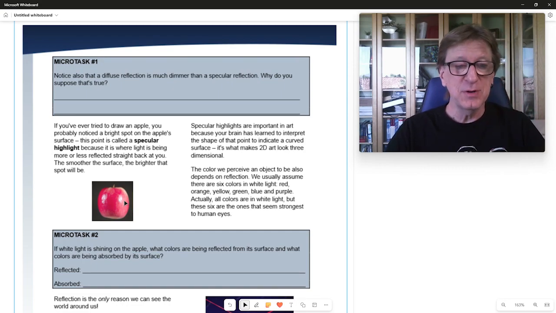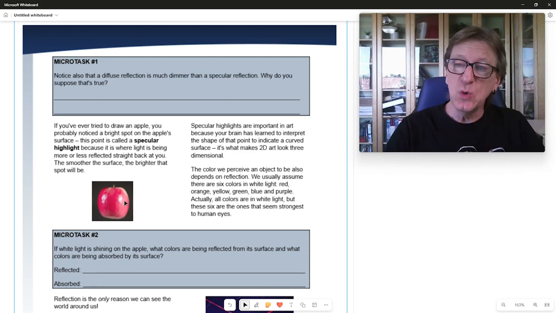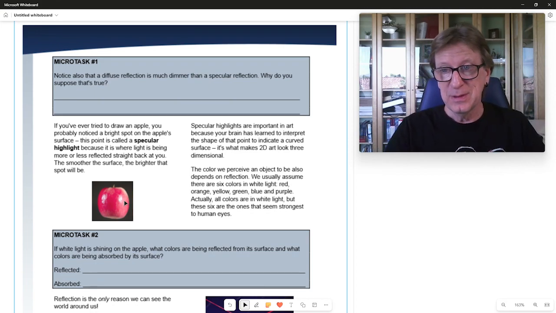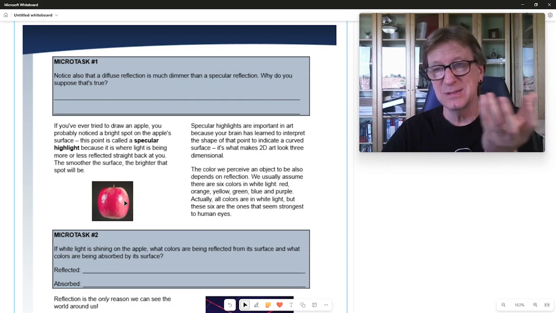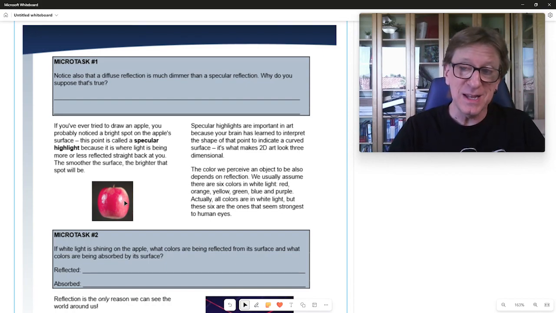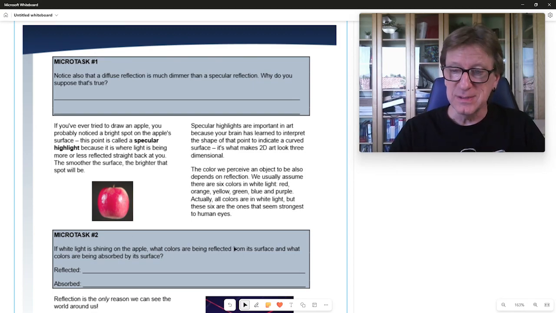Since that apple appears red, then the apple must be reflecting only red light back into your eye. Only the red light is going back into your eye, which means all of the rest of the colors, orange, yellow, green, blue, purple, are actually being absorbed by the apple. And so that's maybe backwards from what you're used to thinking about. If you have a red apple, you're like, oh, look, it's absorbing all that red light. No, it's actually reflecting all of the red light and absorbing everything else.